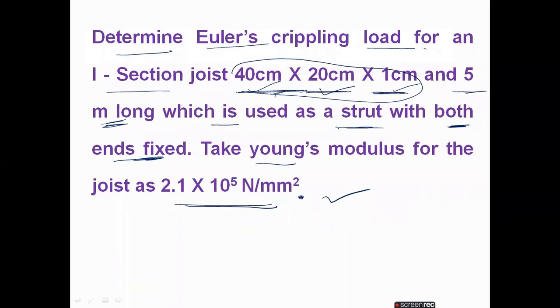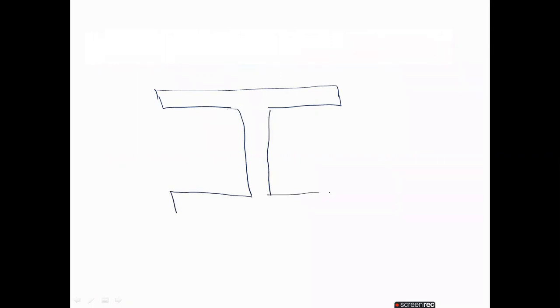Here, by using this, I will draw the diagram. Now the section is an I section. It is like this. If you observe this one, this is the I section.